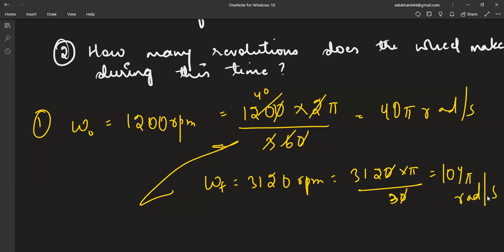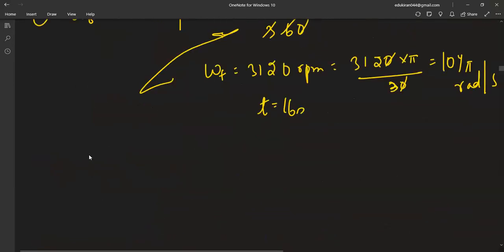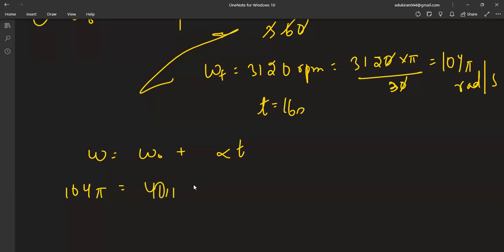Initial velocity we have, final velocity we have, time we know it's 16 seconds. Now we just have to find out angular acceleration. So omega is omega naught plus alpha t. Omega is 104 pi, and initial was what? We calculated, no? 40 pi, plus alpha is unknown, times 16.